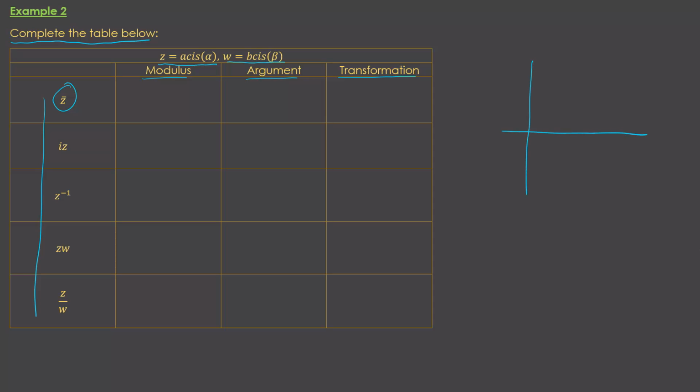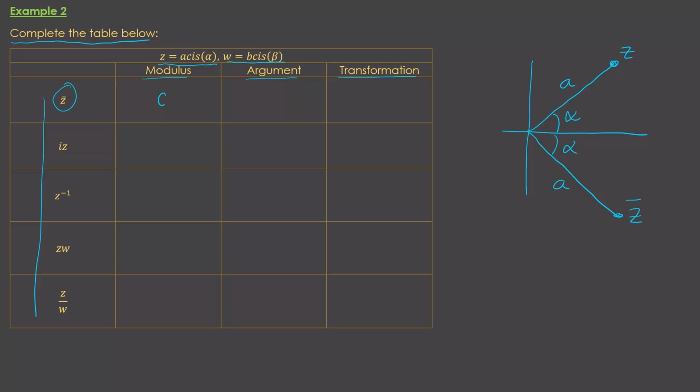So if Z is, say, here, and we know that's A and this is alpha, Z bar we know is here. This angle will be alpha and the length will still be A. Remember, all we do is change the sign on the imaginary part.